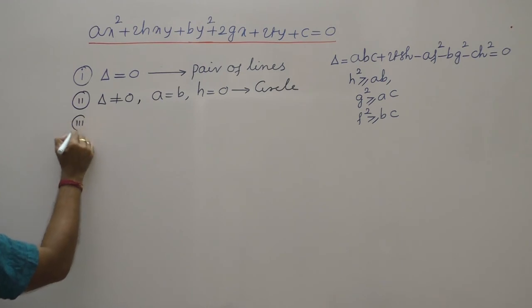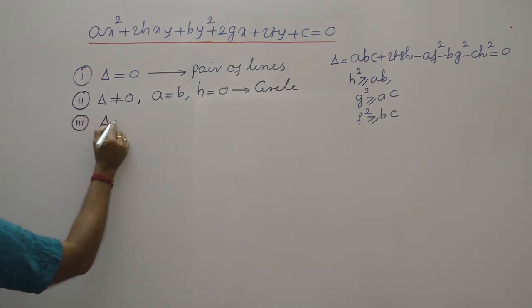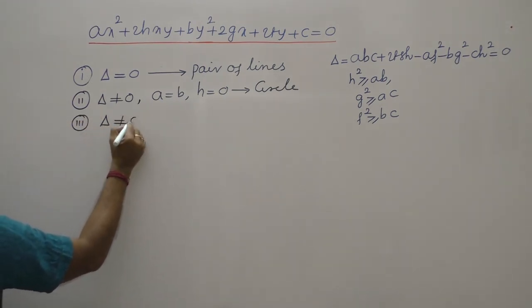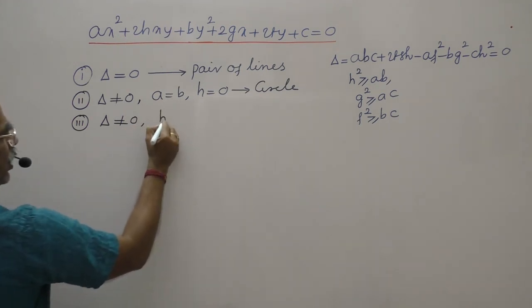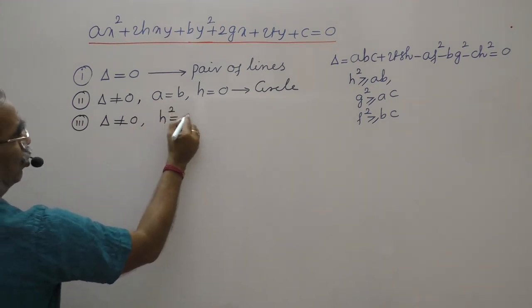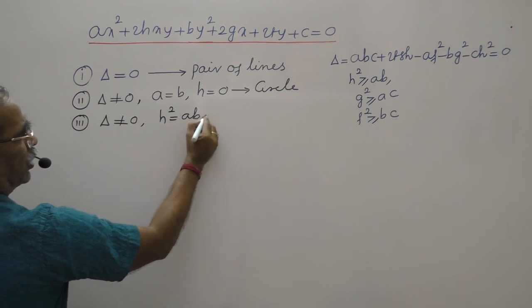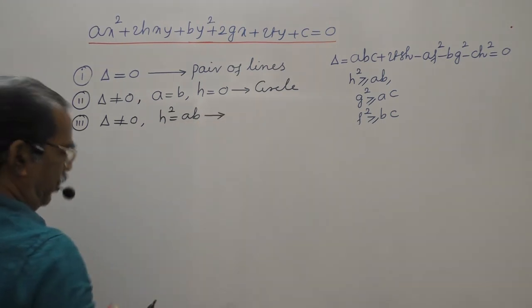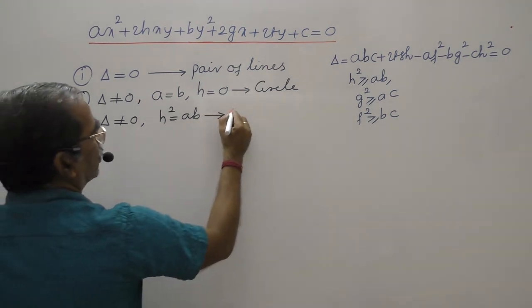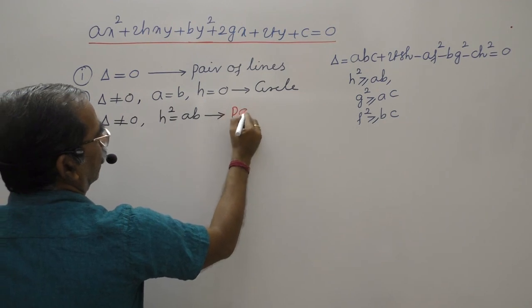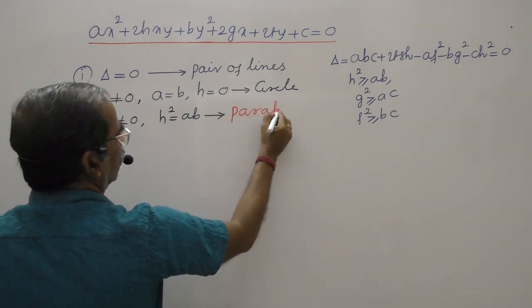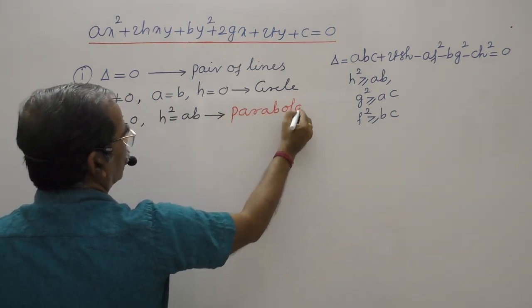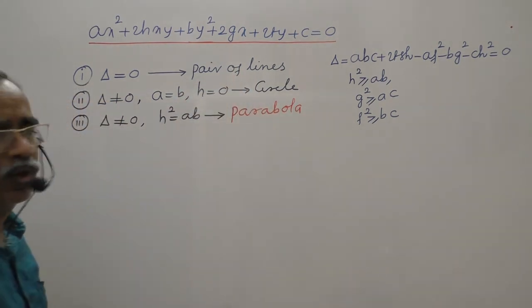Next, number 3. If delta is not equal to 0 and h square equal to AB, then this equation will represent a parabola, which is a conic. Of course, they are also conics.